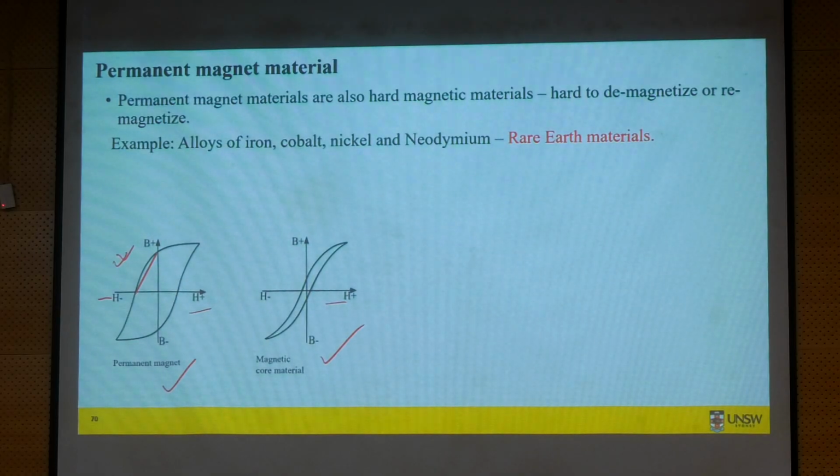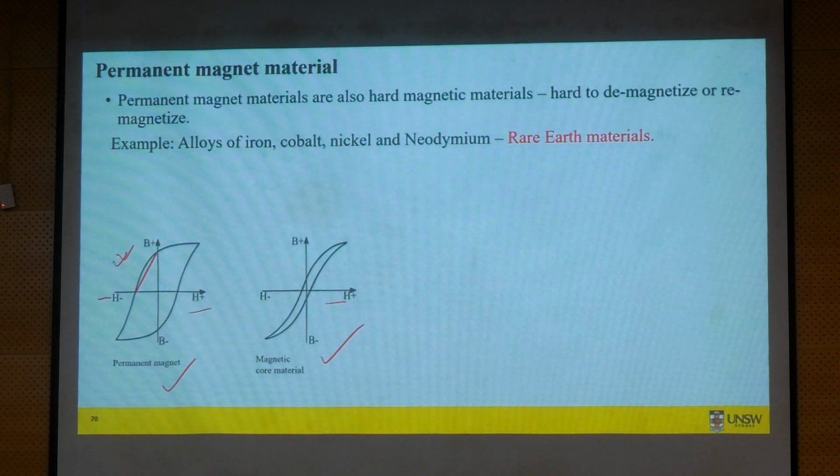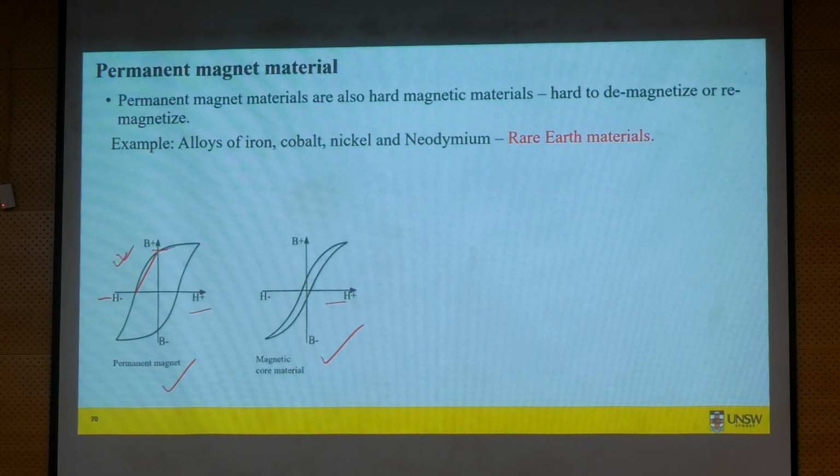After that they magnetize. And how do they magnetize? By applying a very large positive H field, so it will be magnetized to whatever remanence that material is designed for. You need a very, very large H. H means current multiplied by number of turns, Ni basically. So that is how you magnetize.